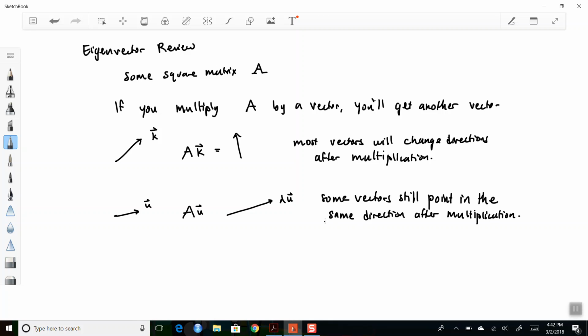Okay, and if that's the case, then the vectors point in the same direction after multiplication.